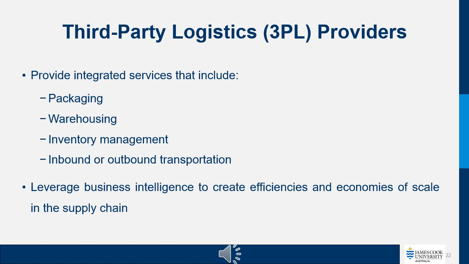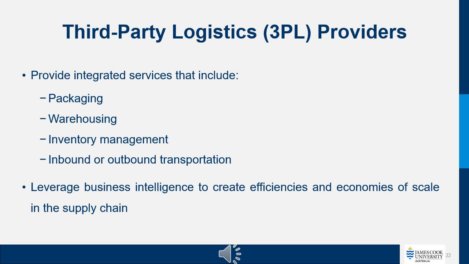They offer warehousing services, providing companies with storage facilities for their inventories. They assist companies in managing their inventory efficiently, so inventory management. They use advanced inventory management systems to track stock levels, monitor product movement, and ensure accurate stock replenishment.